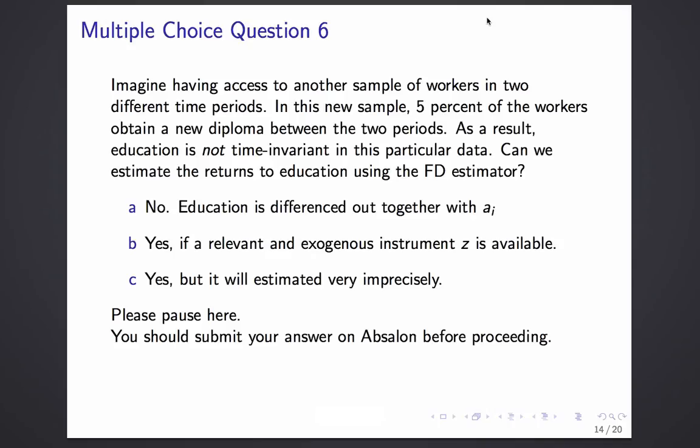A, no. Education is differenced out together with the unobserved heterogeneity, a_i. B, yes, if a relevant and exogenous instrument is available. C, yes, but it will be estimated very imprecisely. Now please pause here, go to Epsilon, and submit your answer.